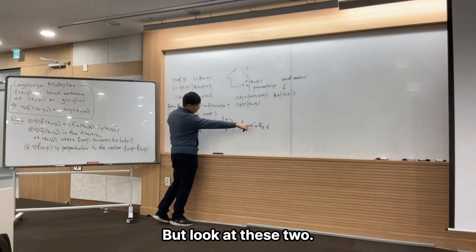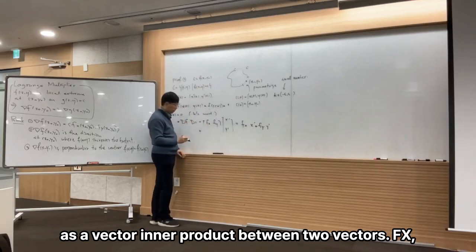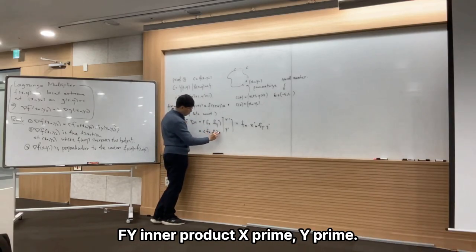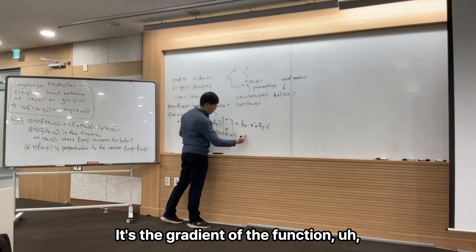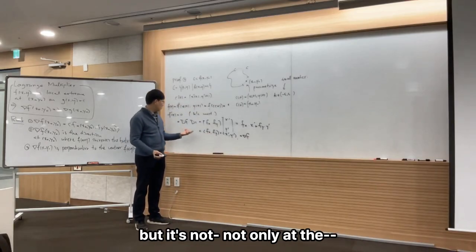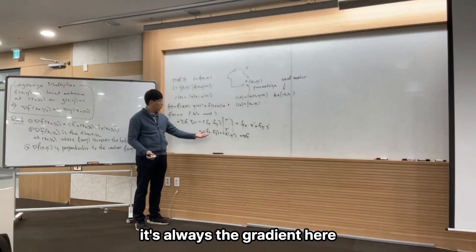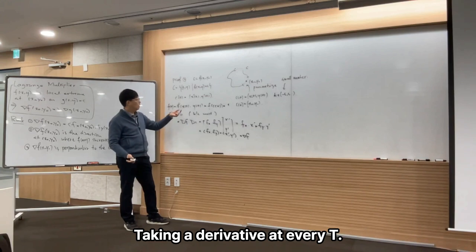But look at this too. You can rewrite this expression as a vector inner product between two vectors, (fx, fy) and (x prime, y prime). So what is it? The first one is the gradient. It's the gradient of the function, but it's not only at the point x0, y0, it's always the gradient here, because we're not taking the derivative at a specific point, we're taking a derivative at every t.